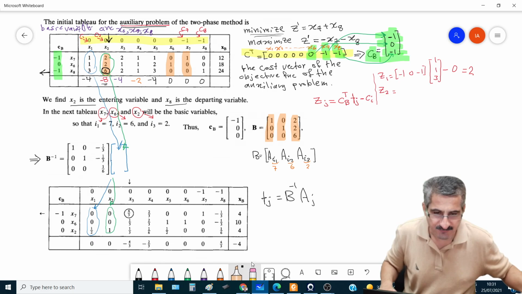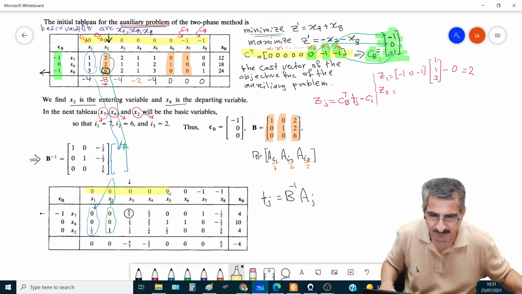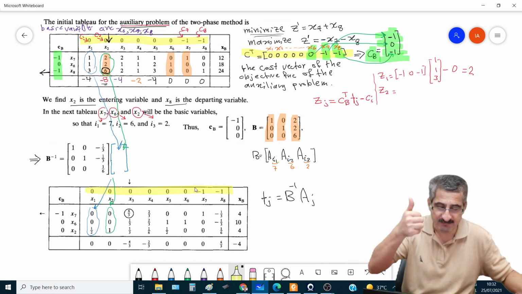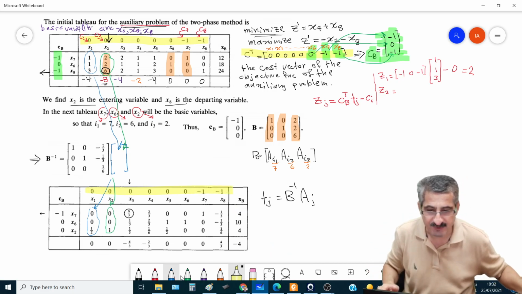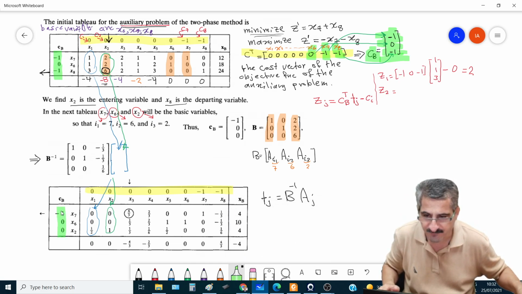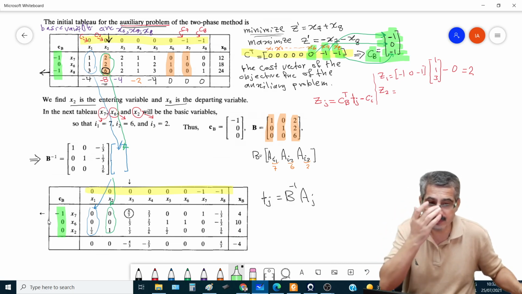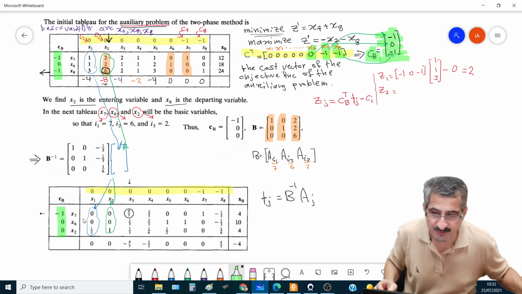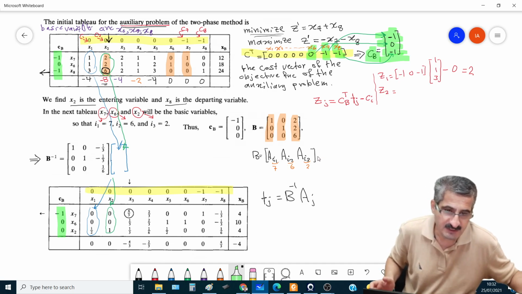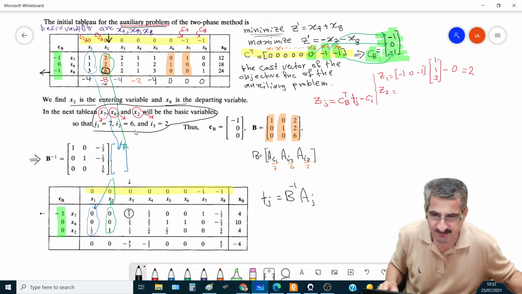Now, the objective function, the above row, is still the same as the first one. But notice here that we have changed the CB, the cost row. Why? Because here we are choosing, because of this, CB equals what?